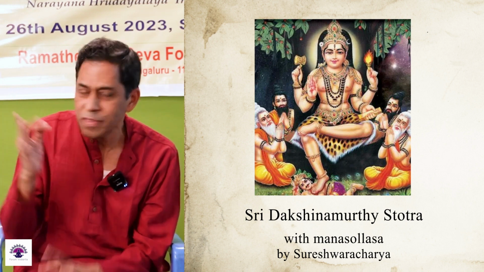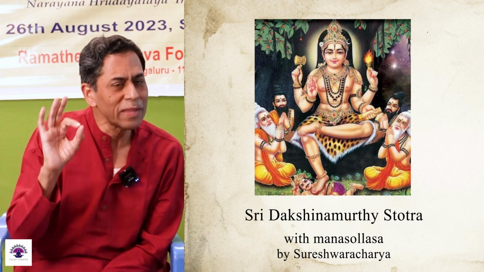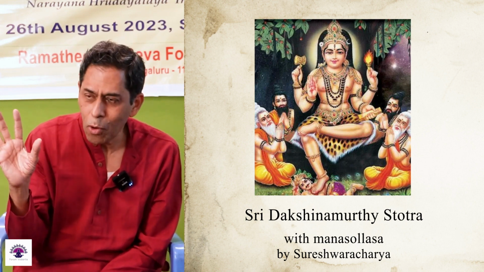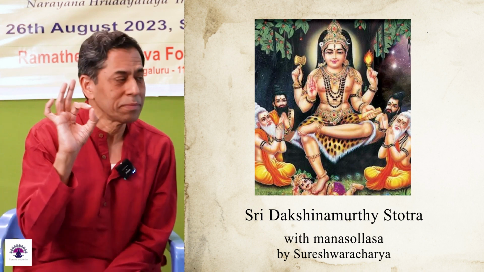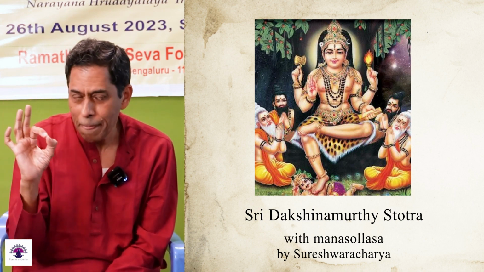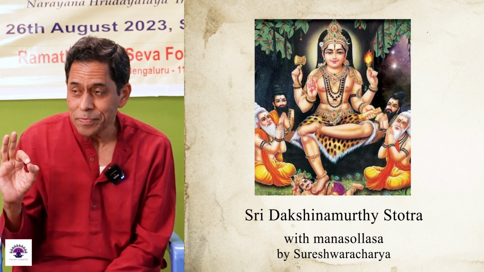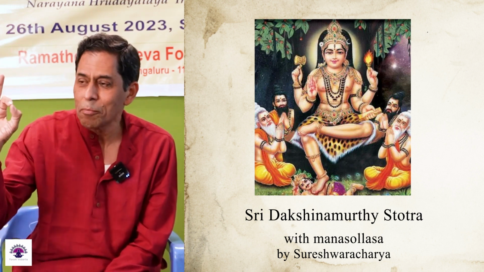You give up the three bodies. The waking, dream, deep sleep. There are so many triputis. When you give up all those triputis and you become a nobody, when you become a shunya, and that is why in silence Sri Dakshinamurthy is prakati.